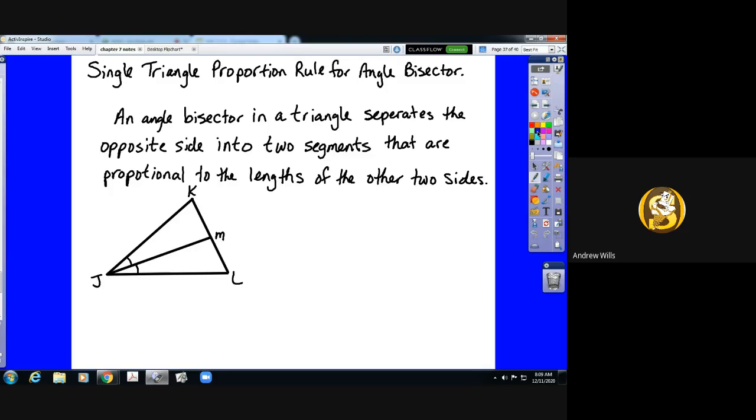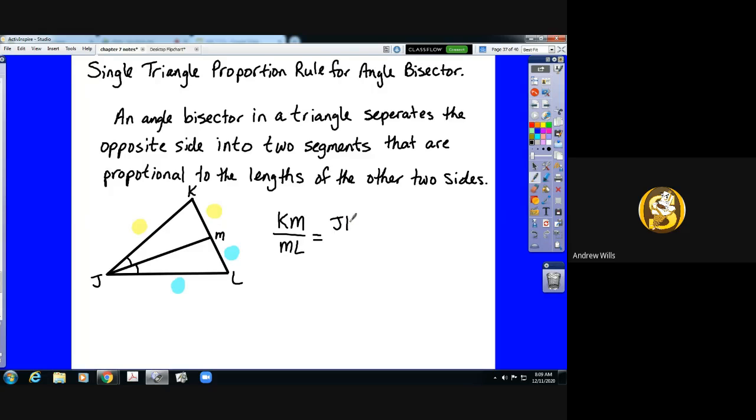So what I'm saying here is that this angle bisector, JM, is breaking KL into two pieces, KM and ML. What I'm saying is that the proportion KM over ML is equal to the two remaining sides of that triangle, JK and JL.